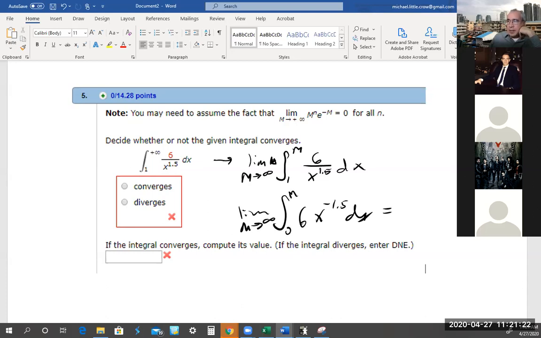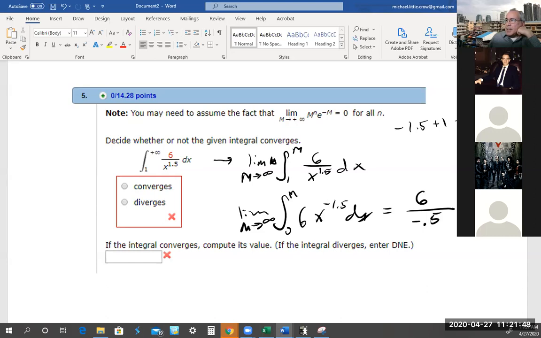So now we integrate this by adding 1 to the exponent, right? And then dividing by that. So this integrates into 6 over, we add 1 to this, it becomes negative 0.5. So that's what we need to divide by, negative 0.5.